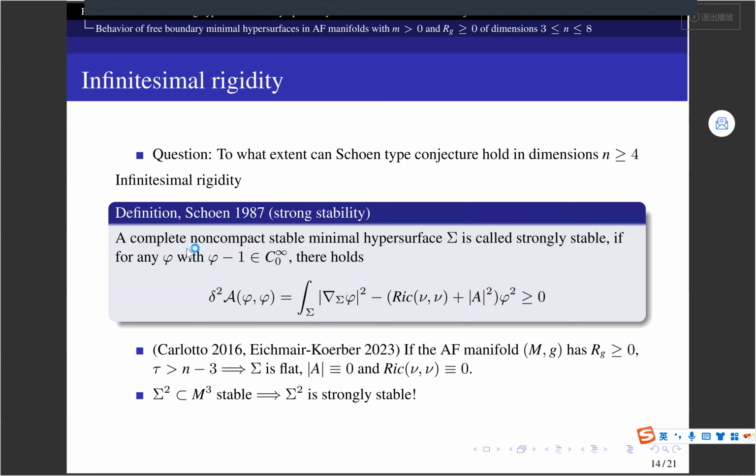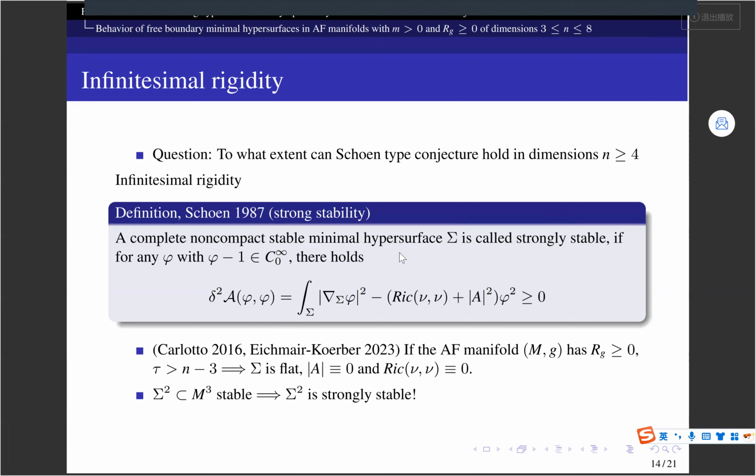And the infinitesimal rigidity result by Carlotto, Chodosh, and Eichmair is that if the AF manifold has non-negative scalar curvature and sigma is strongly stable, then sigma must be flat, totally geodesic, and normal Ricci curvature vanishing.